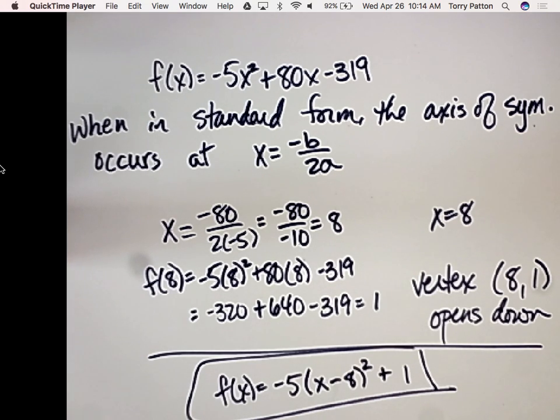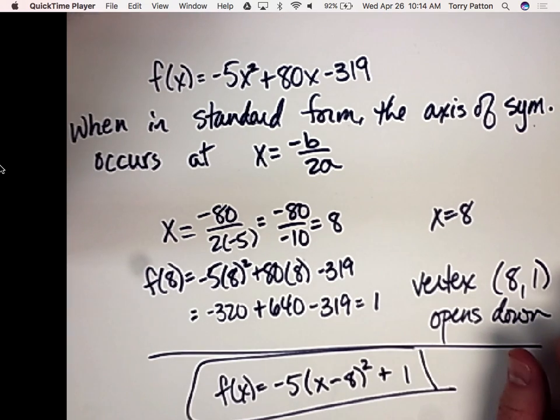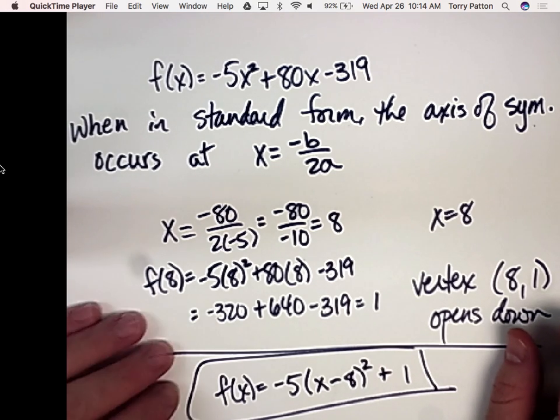Make sense? Okay. That's both ways. One is completing the square. The other one is x equals the opposite of b over 2a is the axis of symmetry, and then you plug that in to get the y coordinate. Okay?